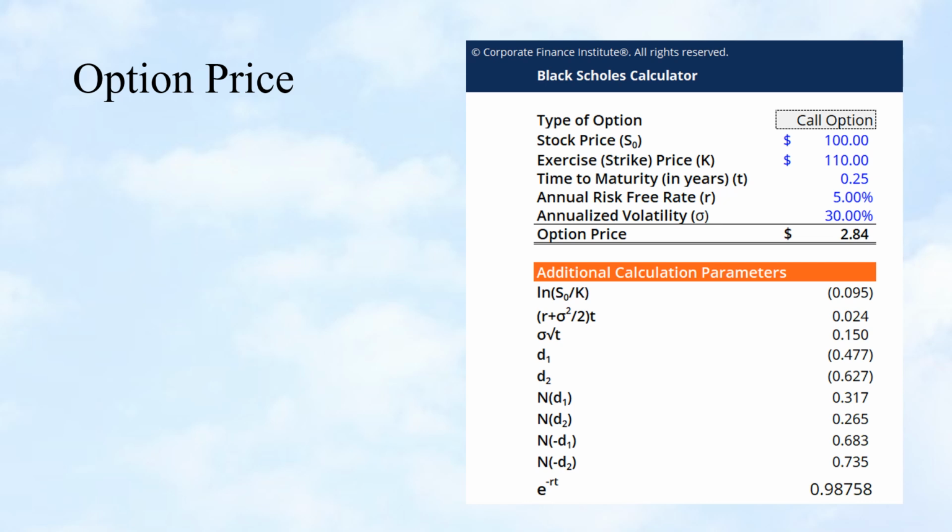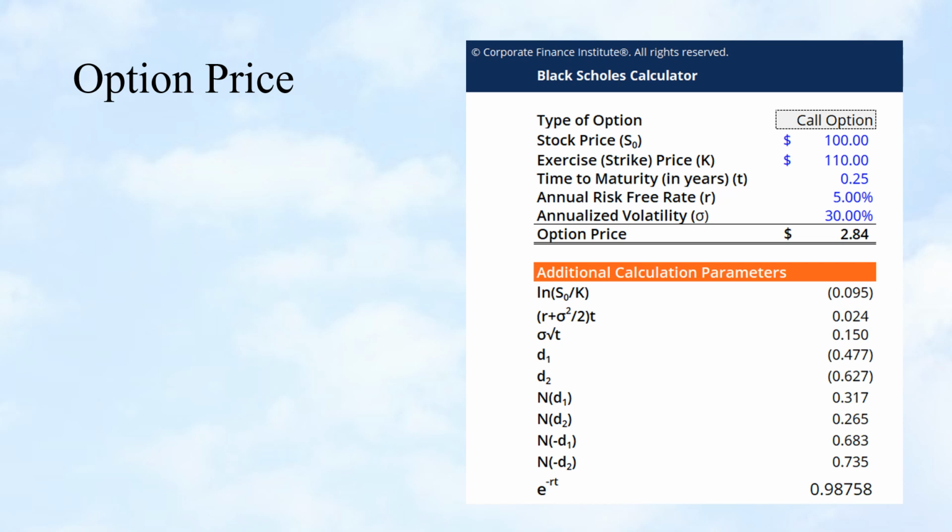1 month means 1 divided by 12. 2 months means 2 divided by 12. 3 months means 3 divided by 12. 4 months means 4 divided by 12. Then the annual risk-free rate. Annual risk-free rate refers to the minimum rate of return in the case of banks.